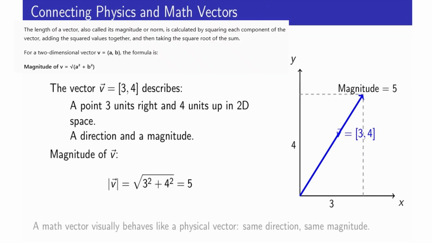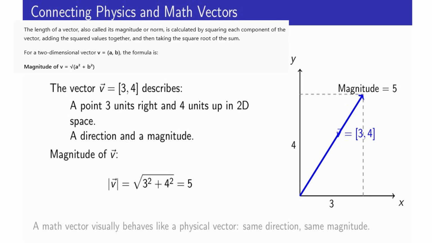Now this is the representation of the vector as a graph, where we have represented the vector 3, 4. So 3 units in the x direction, or 3 units to the right, and 4 units up in a 2D space. So this is a diagrammatic representation of the vector 3, comma 4.